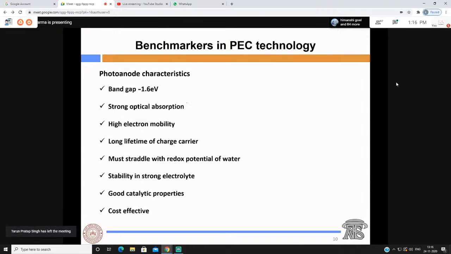Once it absorbs, the material should have high electron mobility as well as high hole mobility, or we can say high charge mobility, so that with the generation of electron and hole, they move inside the crystal matrix of the material far apart so that they do not recombine back. And then when they move to the two different sites, they participate in the redox reaction of water splitting.